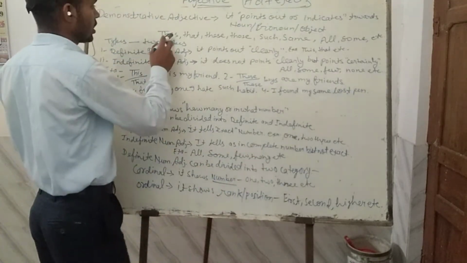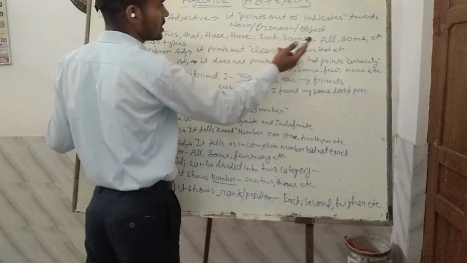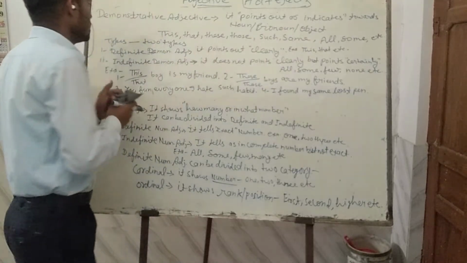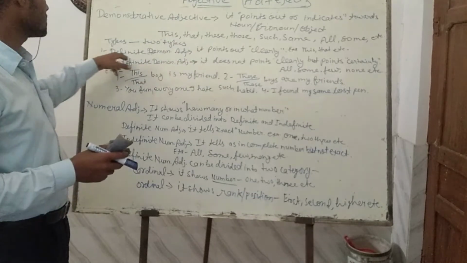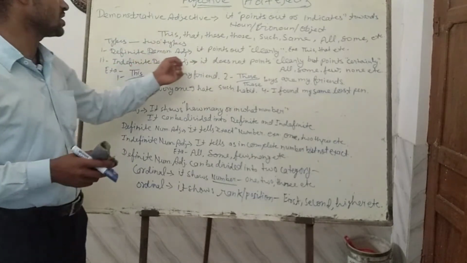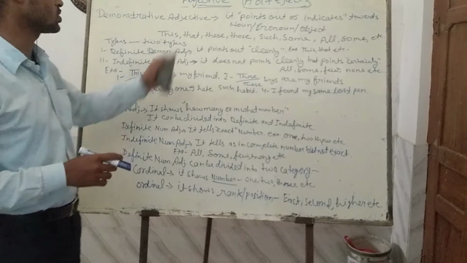Examples of demonstrative adjective are this, that, these, those, such, same, all, some, etc. Demonstrative adjective can be divided into two parts: definite demonstrative adjective and indefinite demonstrative adjective. What is definite demonstrative adjective?